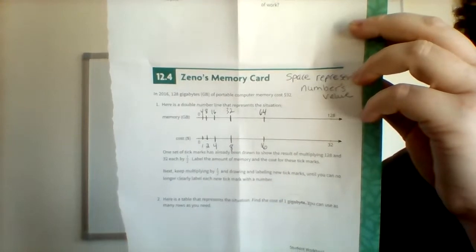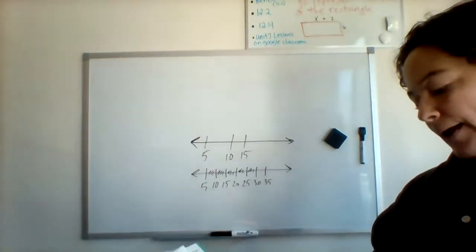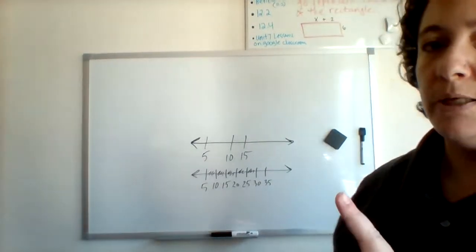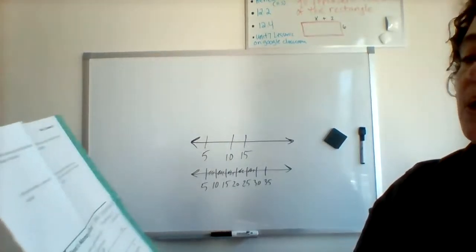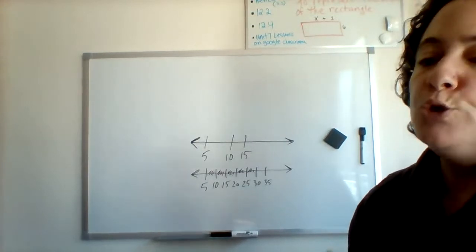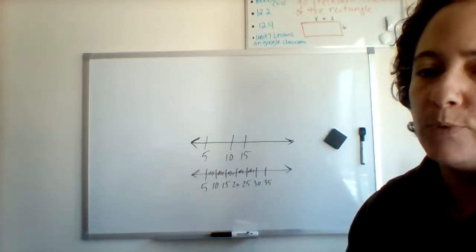How are we doing? Are we okay? Done? Okay, excellent. All right. Now, that's the double number line. And I want you to notice which unit rate do I have on the double number line that I just showed you. Do I have the unit rate for the cost or for the actual memory?